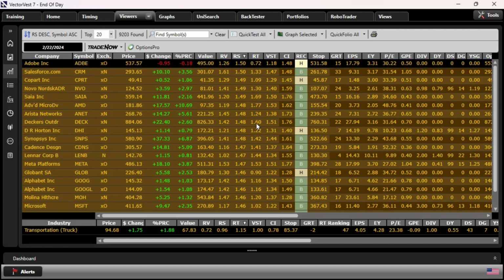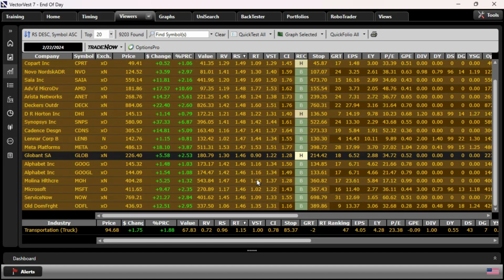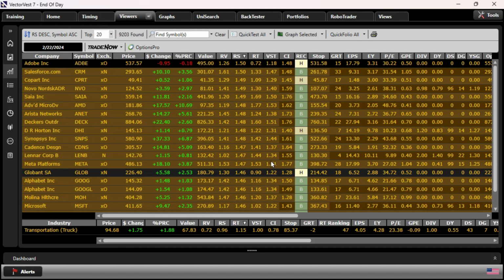Holding the Control key will take out anybody whose RT value is below 1 and whose CI value is below 1. Of course, here, this would be a favorite for conservative investors, so you may want to look also at our dividend analysis, where we apply the same vector formula from VST to the dividend analysis, yield, safety, and growth.